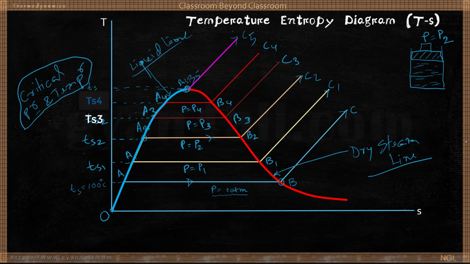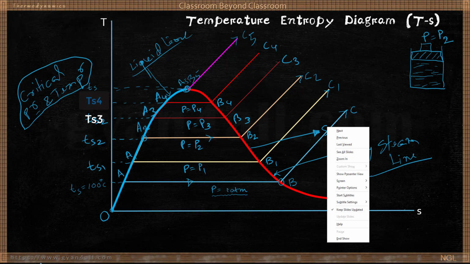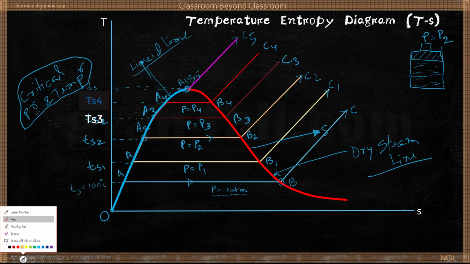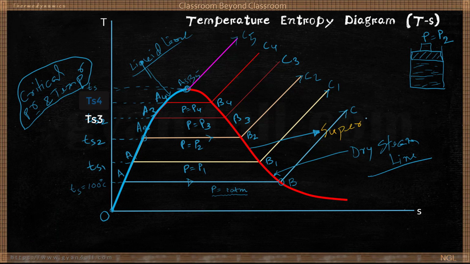And if you go towards the right side of the dry steam line, what type of steam will we get in that whole region? Superheated steam. Very good. So this will be superheated steam.